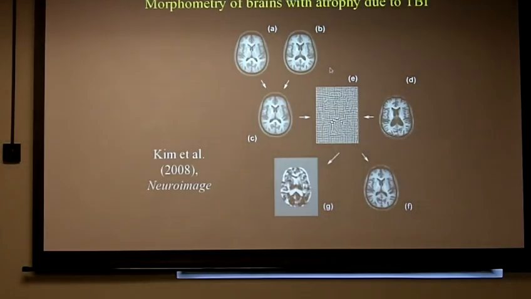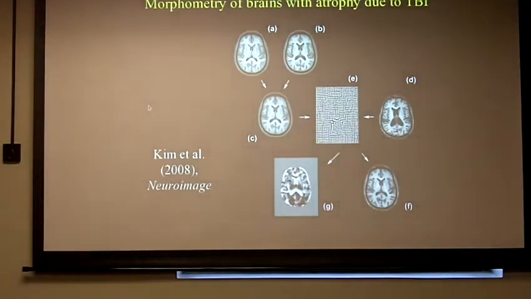So this is an example. We used this technique to quantify TBI patients' brains, and we first built a custom template. A is the control subjects' average template, and B is the patients' average. You see this enlarged ventricle.